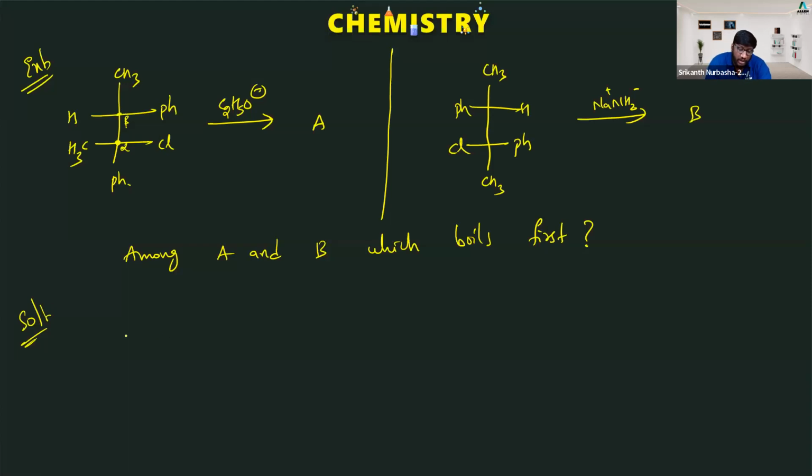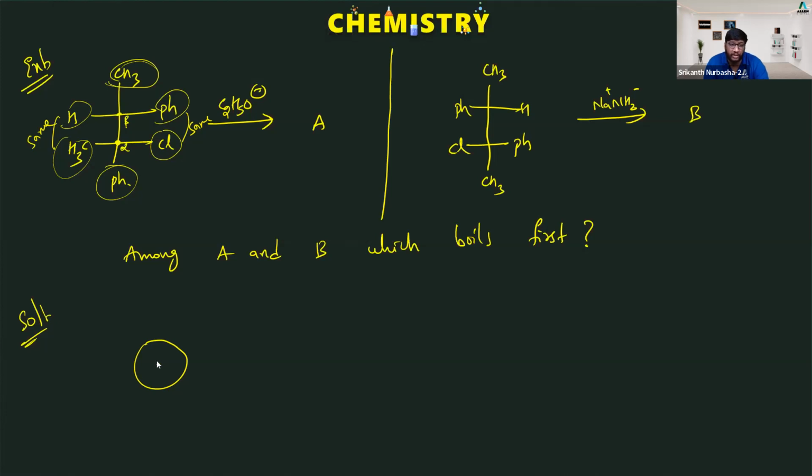So I am going to draw the Newman projection. Can I say this CH3 and this Ph are present on the same sides? Yes or no? The vertical groups, CH3 and Ph, have the same spatial arrangement. The Ph and Cl, H and CH3, will also have the same spatial arrangements. Now I am trying to write the front carbon as well as the back carbon. The front carbon is represented by a dot.